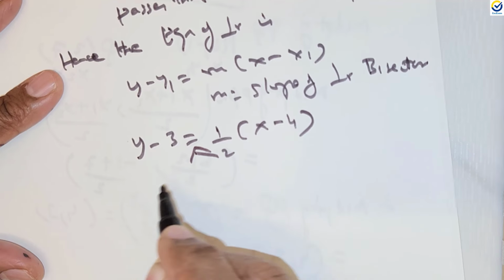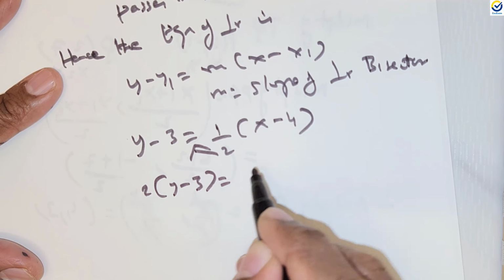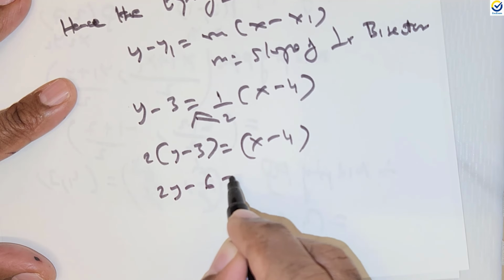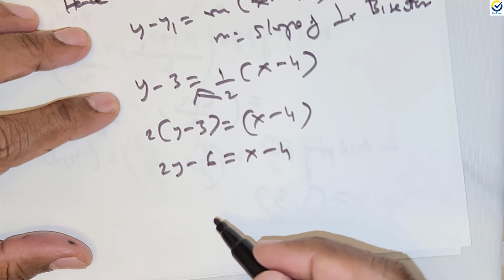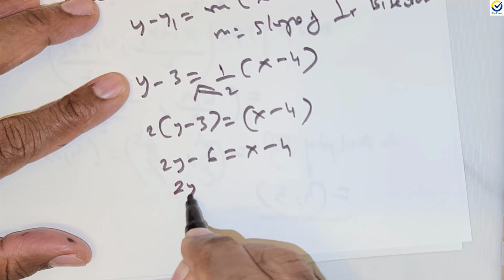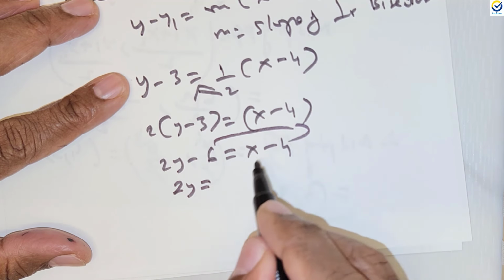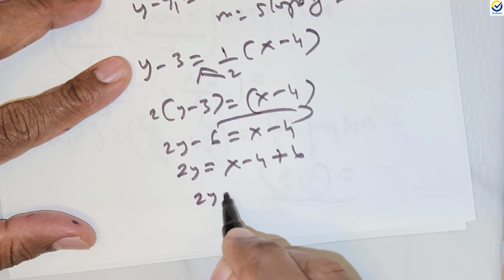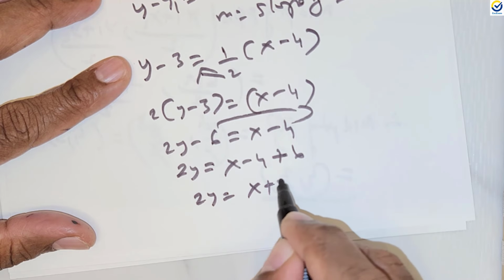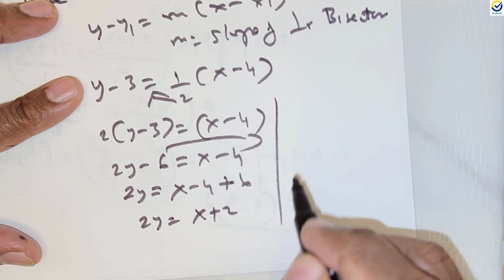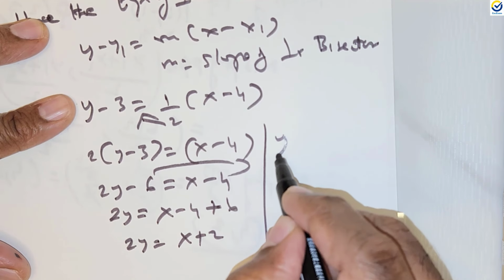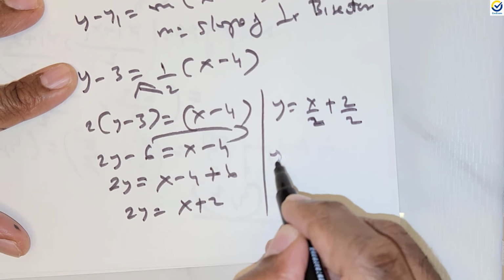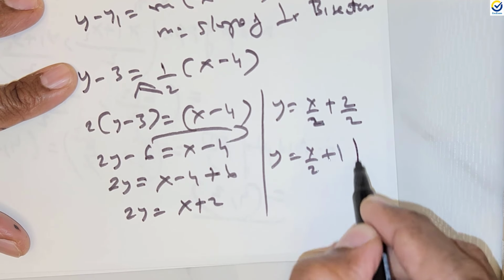You cross multiply, you get 2(y − 3) = x − 4. You get 2y − 6 = x − 4. I keep 2y on this side and push the 6 to the other side, you get x − 4 + 6, which means 2y = x + 2. You bring the 2 to the right side, so y = x/2 + 2/2, which means y = x/2 + 1.